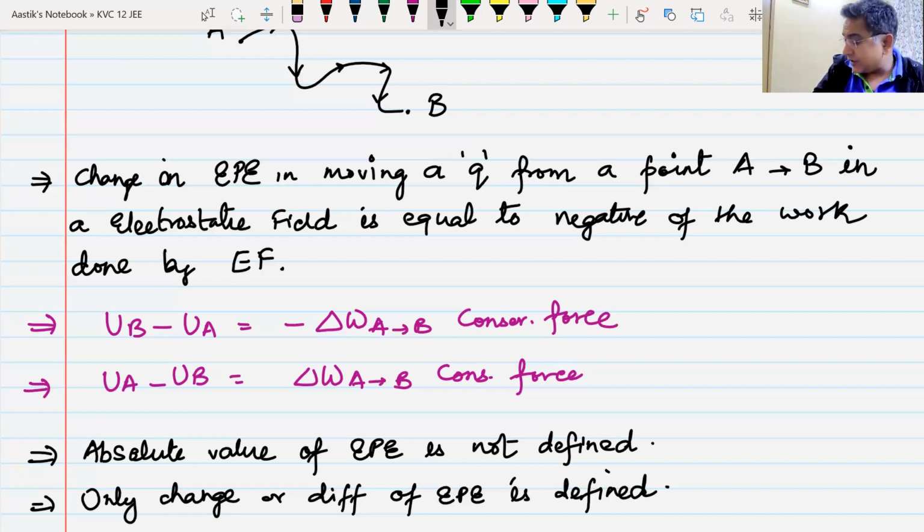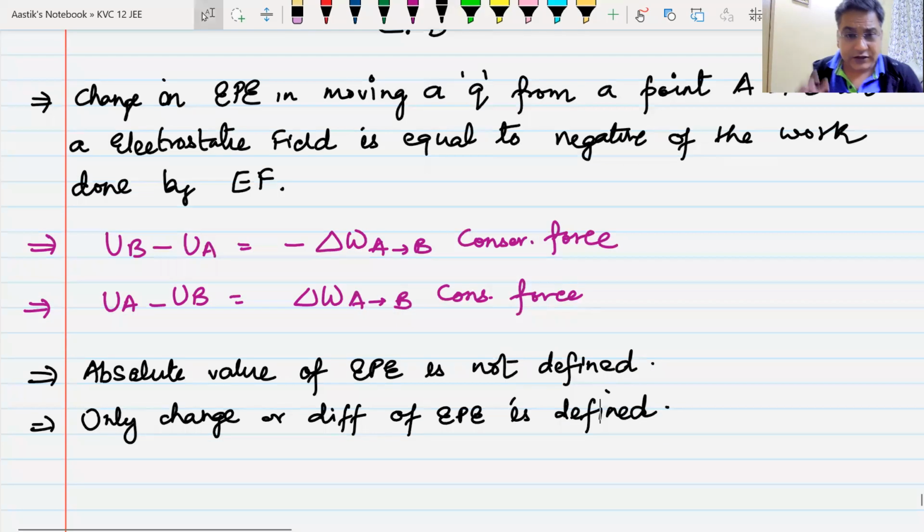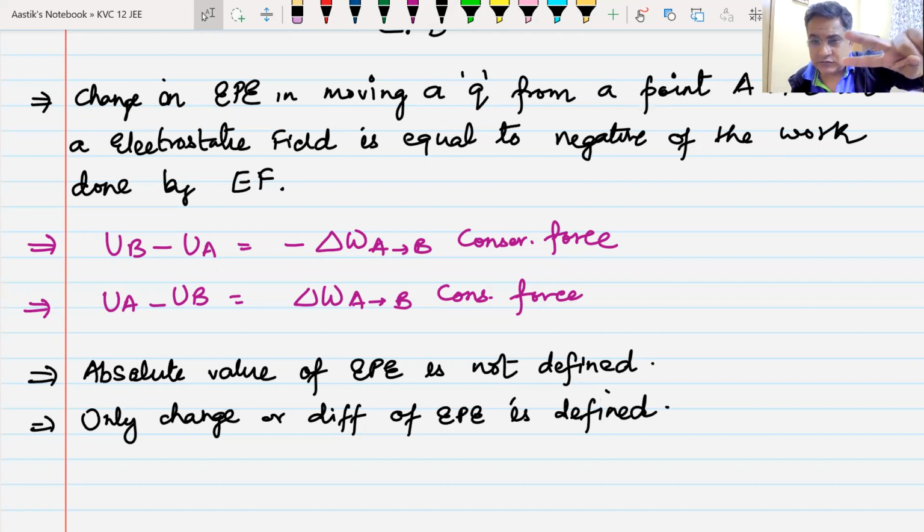So if you take the gravitational potential energy at infinity to be 0, then only you can define the gravitational potential energies of different points. Do we understand this? But again, this potential energy at infinity cannot be taken as 0 in 2 or 3 cases. We will come across those cases in the next class.